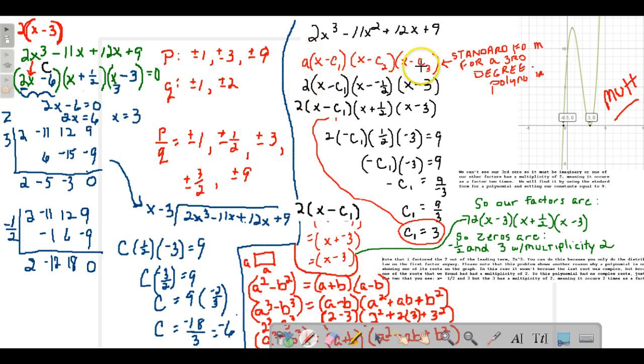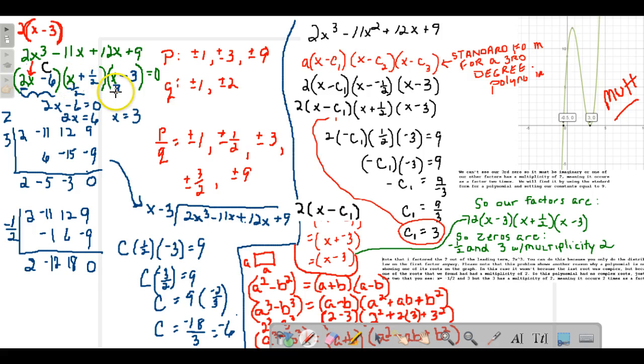But when we do it this way, and say we have two of our zeros like we found here. We found one of the zeros was 3. The other one was -1/2.